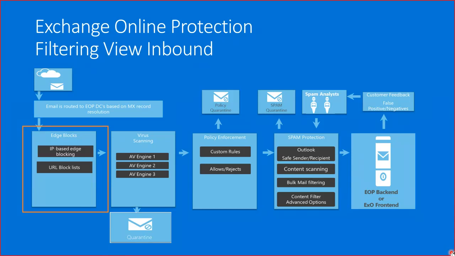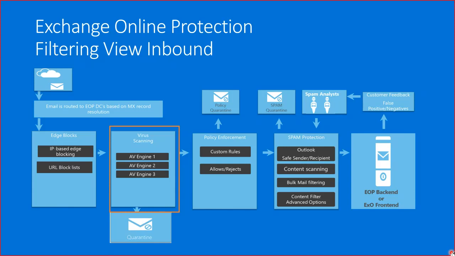If we block any message because of the reputation of an IP address, an NDR is generated to the sender stating that they are on a block list, and the NDR usually contains information on how to get delisted as well. Once this phase of checking the sender's reputation is over, we have the virus scanning.